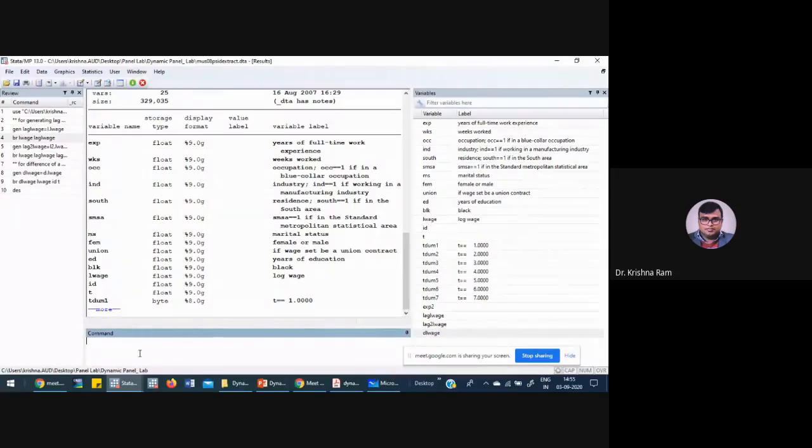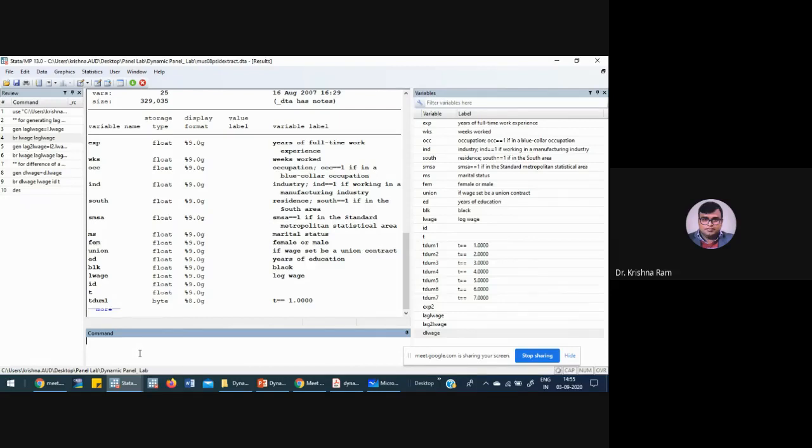So this one is the standard wage equation data set. In it you are getting data relating to wages and the determinants of wages. If you assume this in a cross-sectional case or in a panel data case, log of wage is the dependent variable and the rest are independent variables.